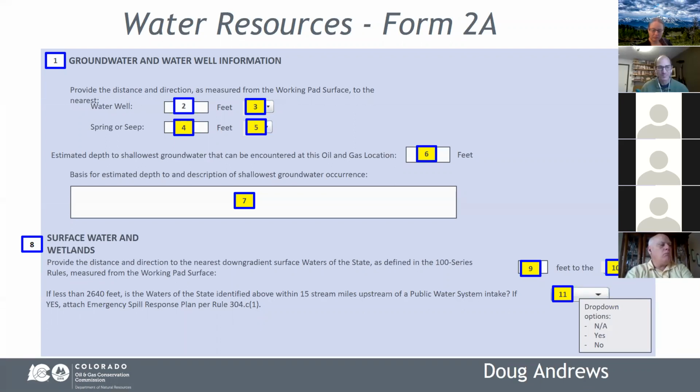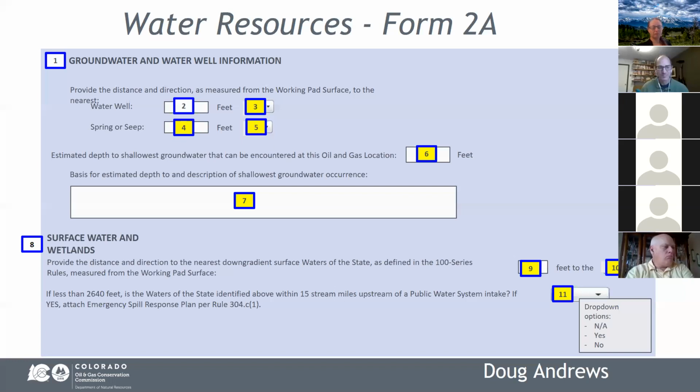That doesn't necessarily mean that is exactly where that water well is. You need to go into that permit and review all the data in there to determine if where that blue dot is showing up on our COGCC map is where it really is. Because that blue dot is only as good as the data that we get from DWR, and that's only as good as the permit that was filled out and submitted to DWR. And sometimes with these old wells, the permit requirements were not nearly as detailed as they are now.